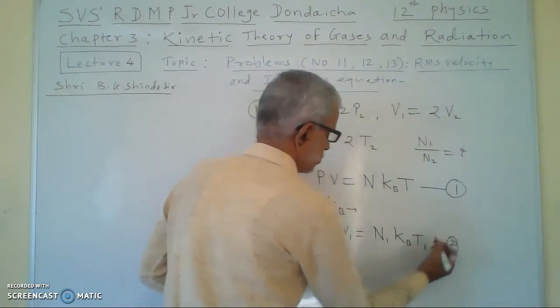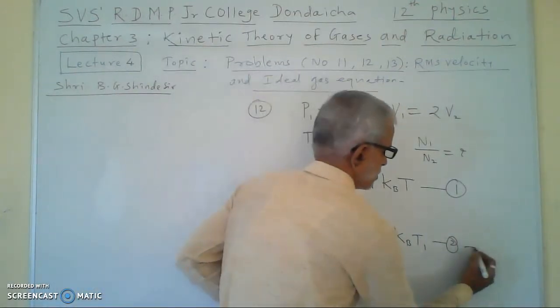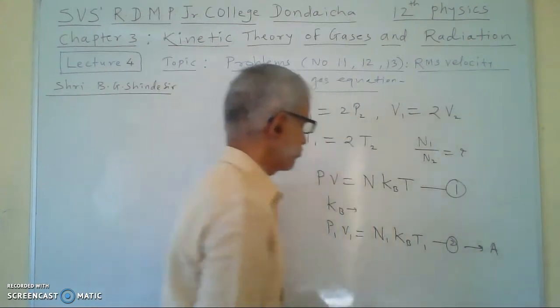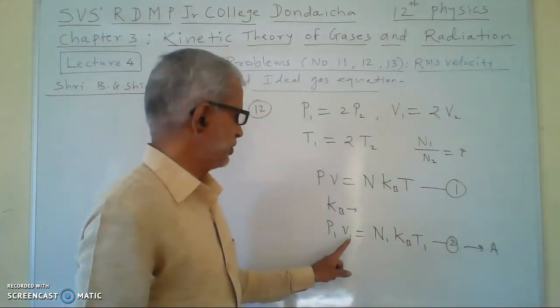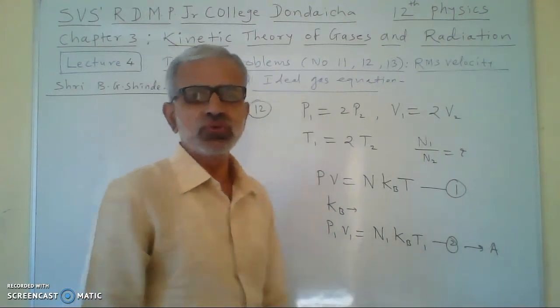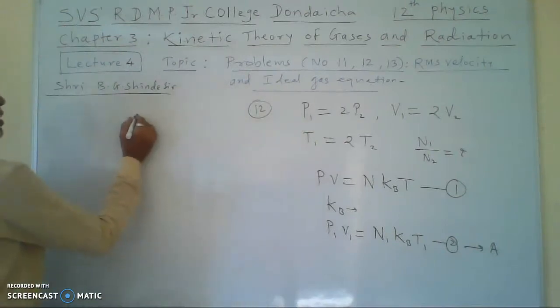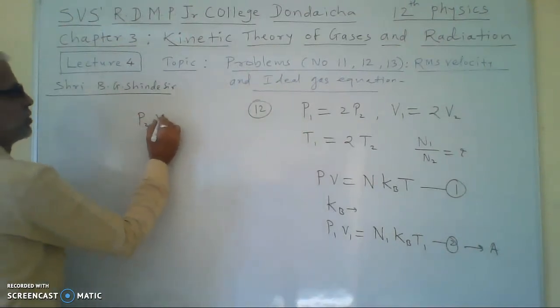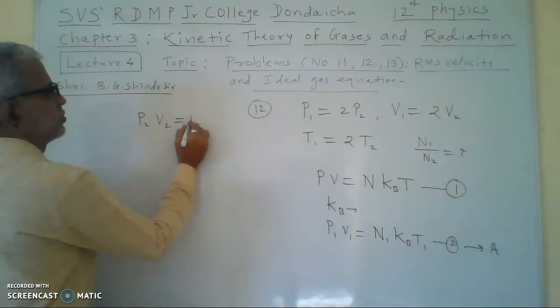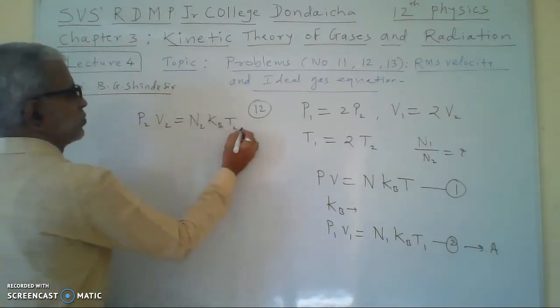This is equation 2. This N1 is the number of molecules in vessel A, T1 temperature, V1 volume, and P1 is pressure. So this is the equation for vessel A. Now we can write P2 V2 is equal to N2 Kb T2.